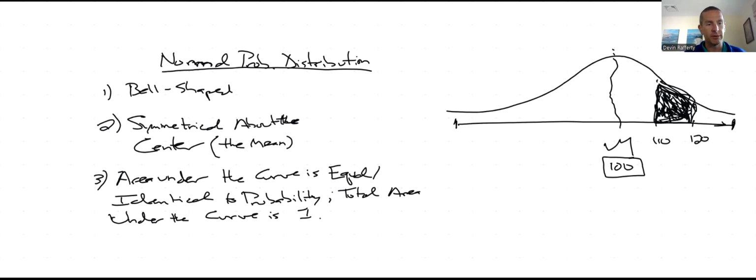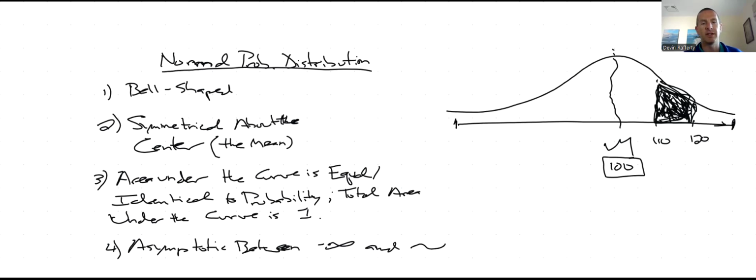Okay. Fourth, this entire curve, the normal probability distribution, it is asymptotic between negative infinity and positive infinity. So this tail, this endpoint, is negative infinity, and this tail, or this endpoint, is positive infinity.